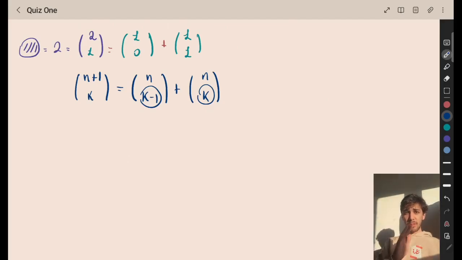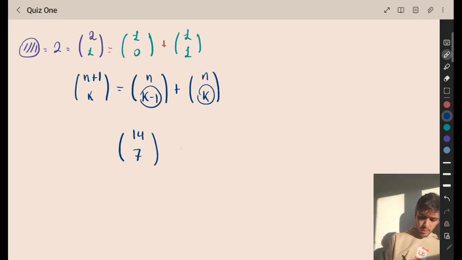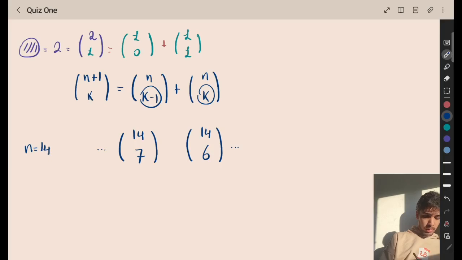But what I will say very vaguely is that perhaps this is not so vague. So you have 14 choose 7, next to it is 14 choose 6, I think, and then 7. It doesn't matter if you're going from right to left. Let me deliberately do it like this. You have terms on the left, you have terms on the right. And n here is equal to 14 clearly.